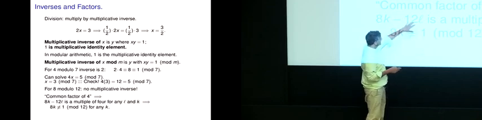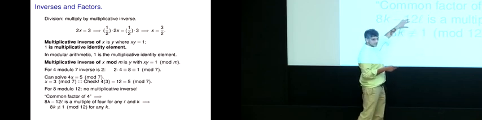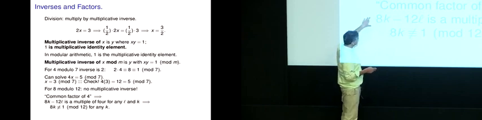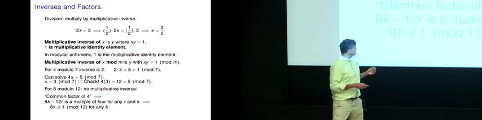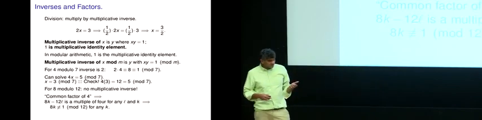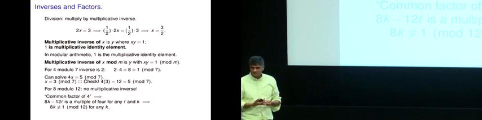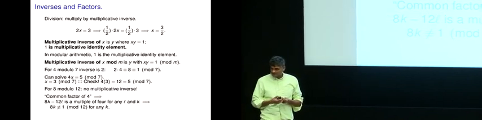This expression can never equal 1 because there's always a 4 here. You factor out the 4, and you get 2k minus 3l, and 4 times an integer is never going to be 1. So if they have a common factor that's bigger than 1, there's no multiplicative inverse.